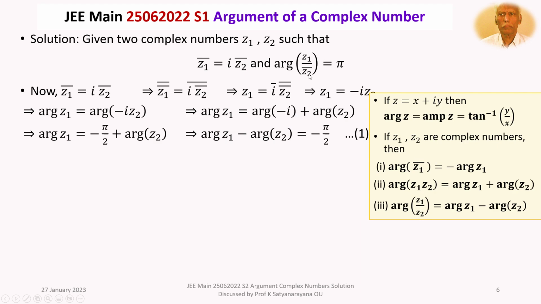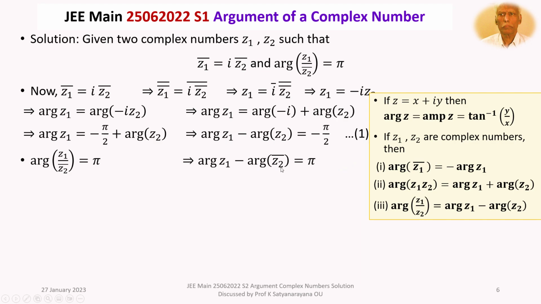Let's now take the second condition. Argument of Z1 by Z2 bar is given to be pi, and for argument of Z1 by Z2 we use the formula: argument of Z1 by Z2 is equal to argument of Z1 minus argument of Z2. So the argument of Z1 by Z2 bar is argument of Z1 minus argument of Z2 bar, that is given to be pi.